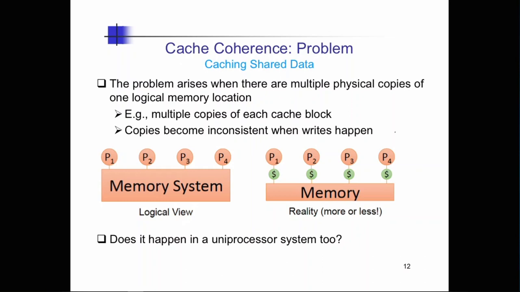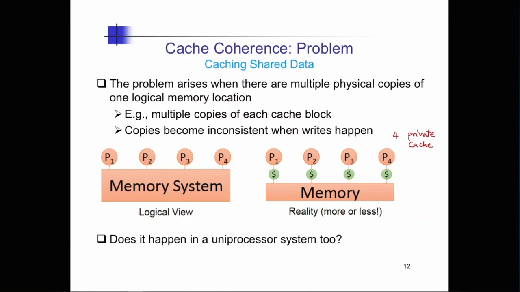So we are going to have 4 private caches over here for processor 1, 2, 3, and 4, and we are going to place that on the chip of processor 1, 2, 3, and 4 respectively, so that we have a very short access time, so we don't spend too much time accessing the data, and we have a very high bandwidth. So that's a more realistic situation over here.